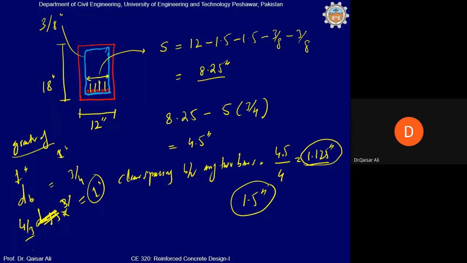So if we want to provide a clear spacing between two bars equal to 1.5 inches, then this spacing is not sufficient and we will provide these bars in two layers. Clear? So this is rule number 1 for drafting, that the clear spacing between two bars shall be as per code, but we recommend that it shall be at least 1.5 inches. So just remember this: clear spacing between two bars shall be 1.5 inches. Clear?